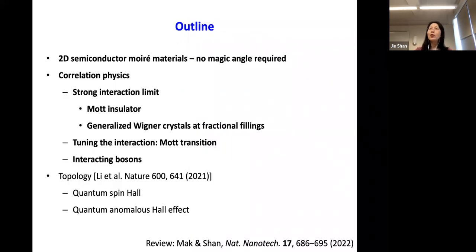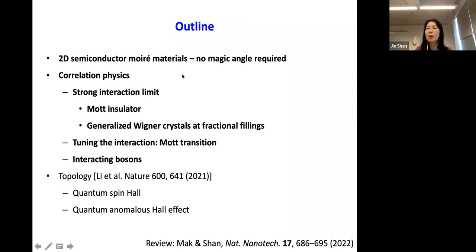Okay, so after this brief introduction, I would like to get into what I will talk about, the progress made in my lab at Cornell. I will tell you a little bit about the building block of the moire materials we use. We'll be studying two-dimensional semiconductors, mostly transition metal dichalcogenides.